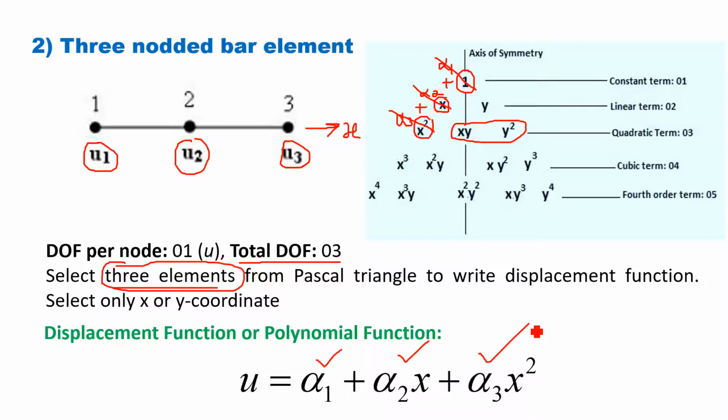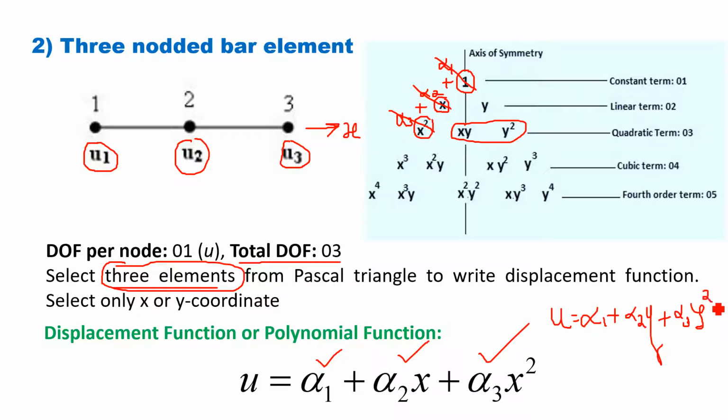Of course, if it is a vertical bar, then we can write u is equal to alpha 1 plus alpha 2y plus alpha 3y square. Like this also we can write. So either we can use x or we can use y.